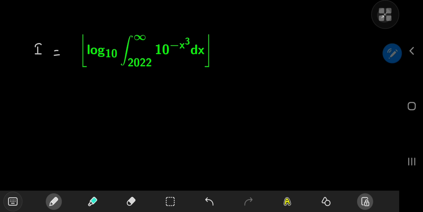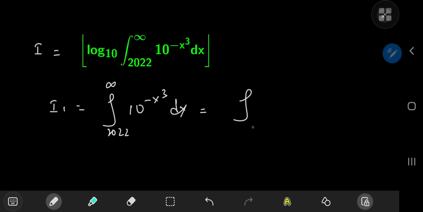And the first step in all of the chaos that's about to follow is defining an integral I sub 1 as the integral from 2022 to infinity of 10 to the negative x cubed dx. And just for convenience later, I'm going to expand using 0 in the argument of the exponent over here. The 0 that I'm going to use here is the cube of 2022.